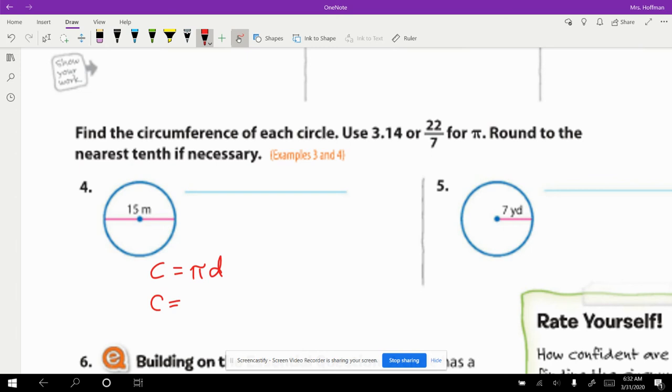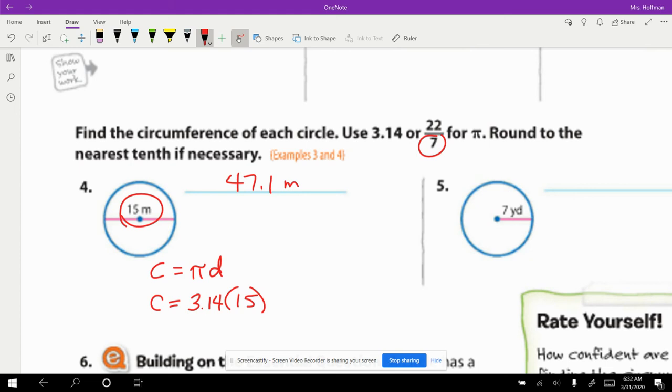In this case, 15 isn't compatible with 7, the denominator of 22 over 7. So there's really no purpose to use the fraction this time. I'll use 3.14 times 15. And you can just use your handy calculator, and that's going to be 47.1 meters all the way around the circle.